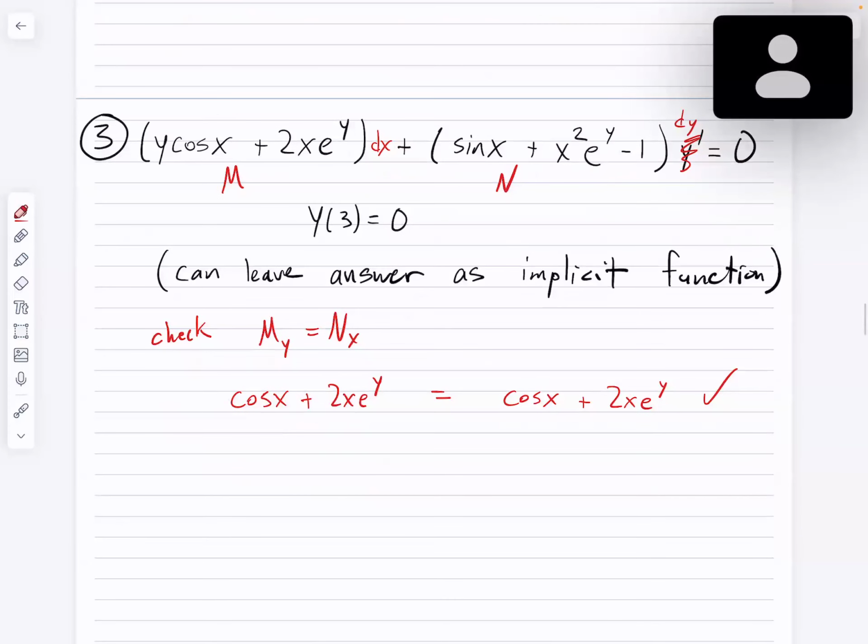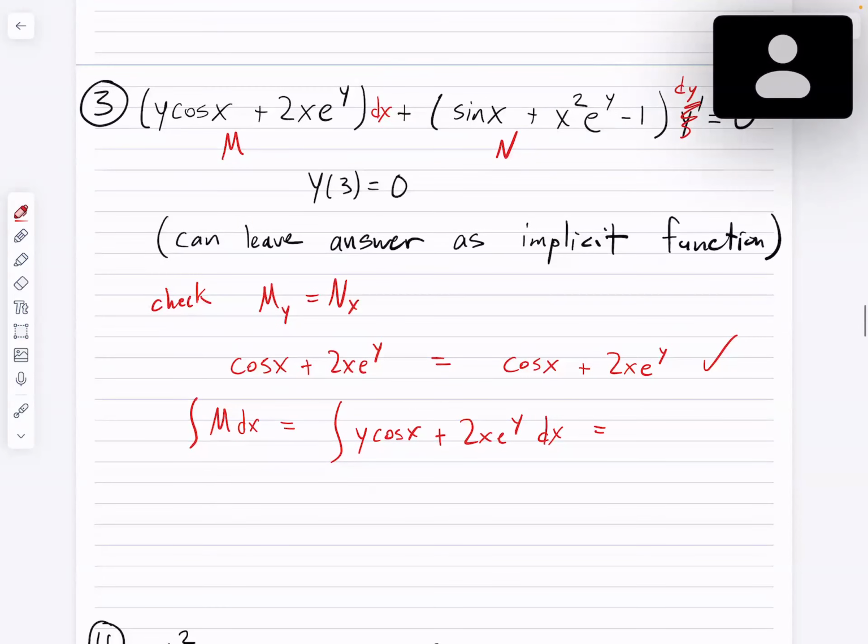So what we'll do is integrate M dx first. And so what's that going to equal? That's the integral of y cosine x plus 2x e to the y dx. Integrating that with respect to x gives me y sine x plus x squared e to the y.